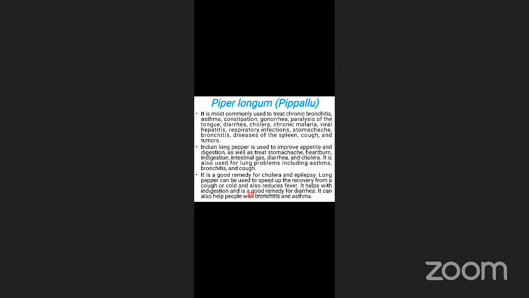It is a good remedy for cholera and epilepsy. Long pepper can be used to speed up the recovery from a cough or cold and also reduces fever. It helps with indigestion and is a good remedy for diarrhea. It can also help people with bronchitis and asthma.